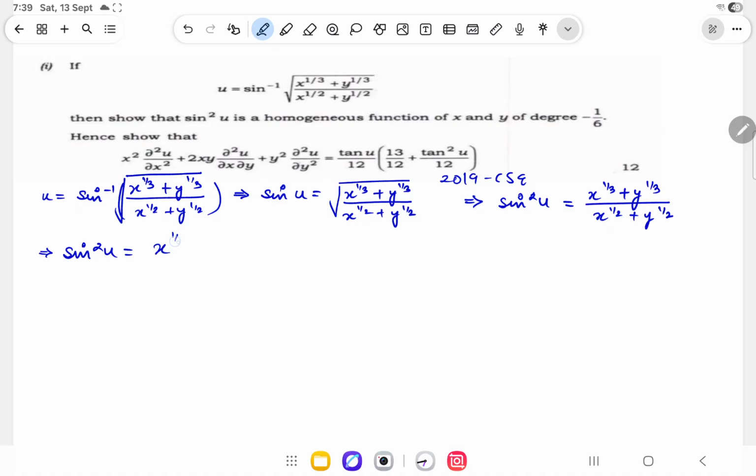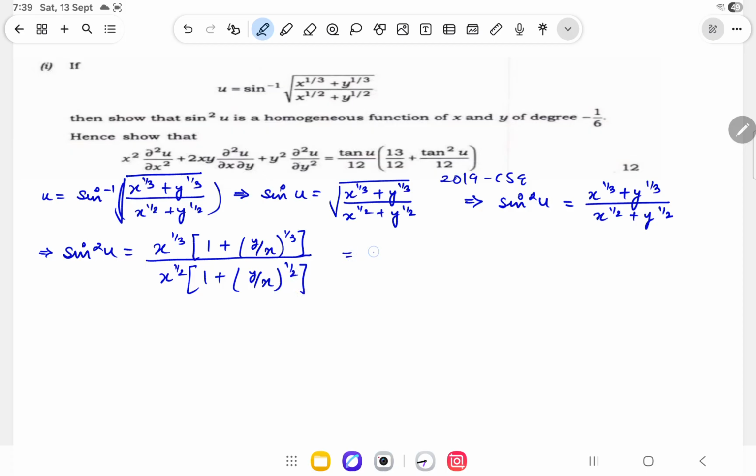I can write sine square u as, taking x raised 1 by 3 common from the numerator, I'll get 1 plus (y by x) raised 1 by 3 divided by x raised 1 by 2 times 1 plus (y by x) raised 1 by 2.